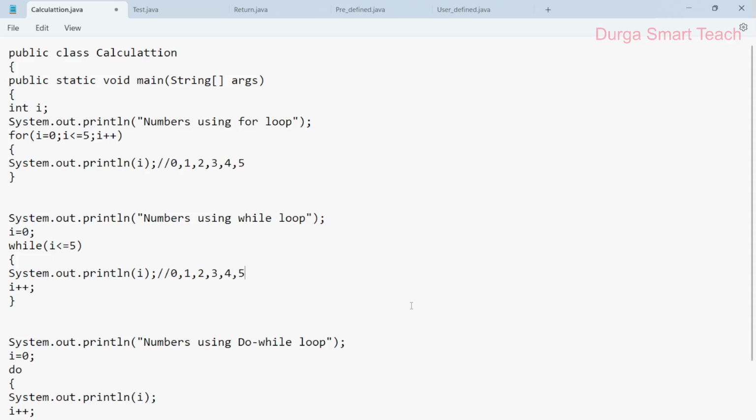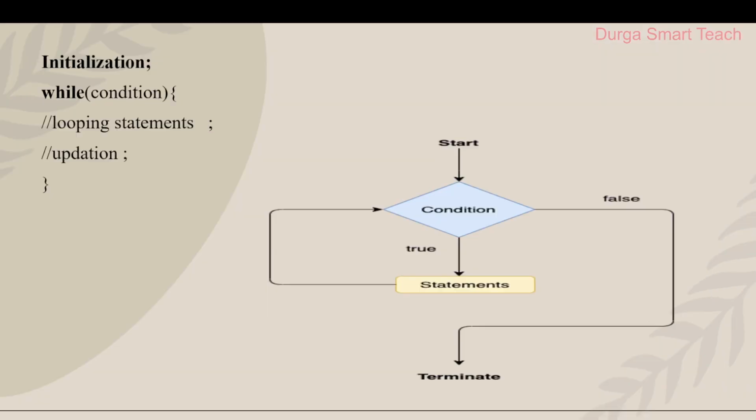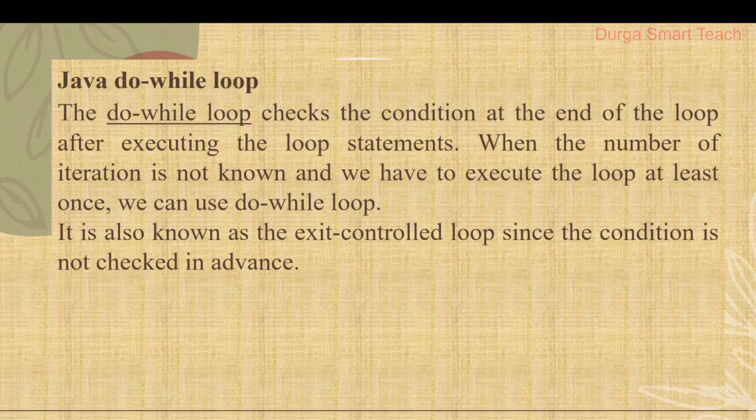Okay. So then the last one is do while loop. The do while loop is known as exit controlled loop, since the condition is not checked in advance.